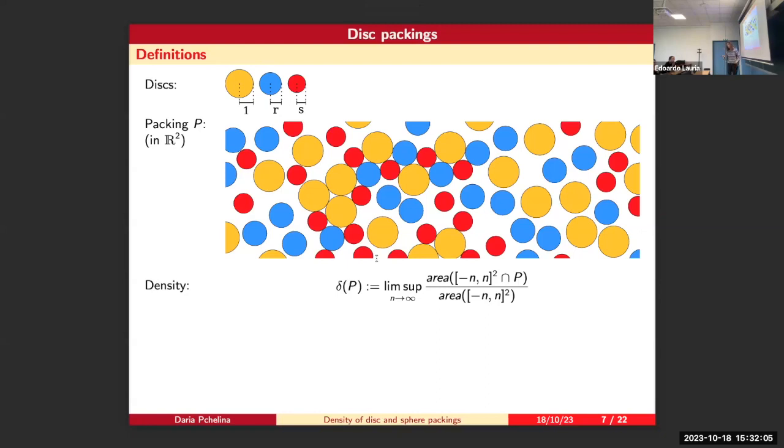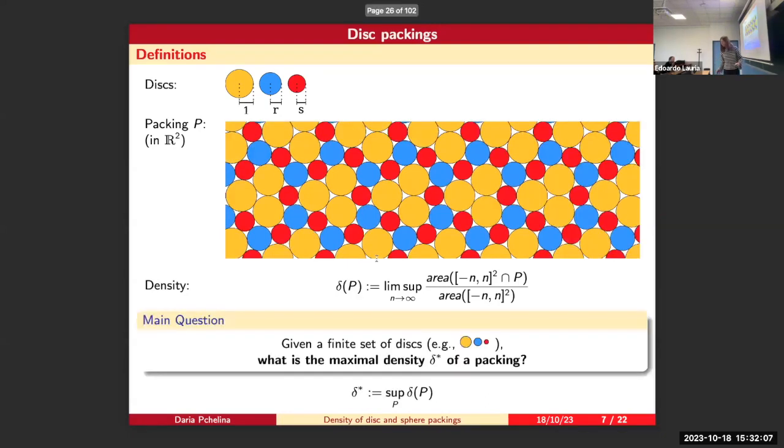Our principal question is, given a set of disks, to find the maximal density which can be obtained by a packing by these disks. For instance, for this triplet of disks, this packing is optimal, with the maximum possible density. Usually we denote this maximal density by delta star.